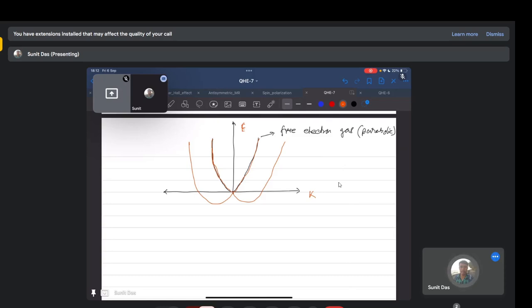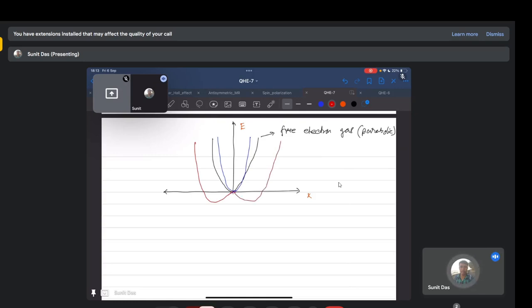Actually, let me draw with different colors, then it will be more clear. So this was E and k. Let's say this is one sector, I mean one eigenenergy, and another one looks like this.